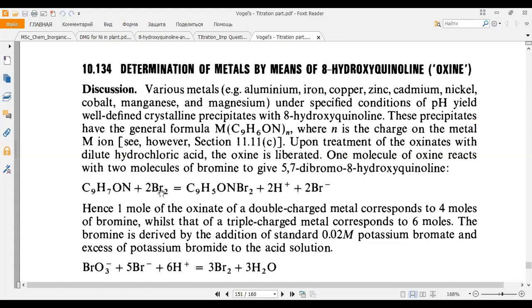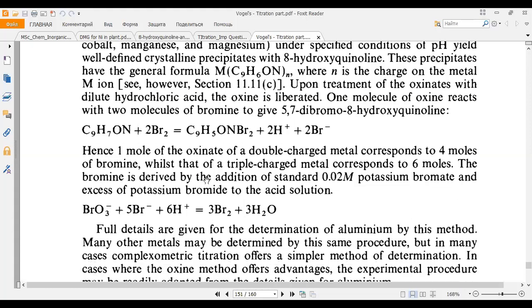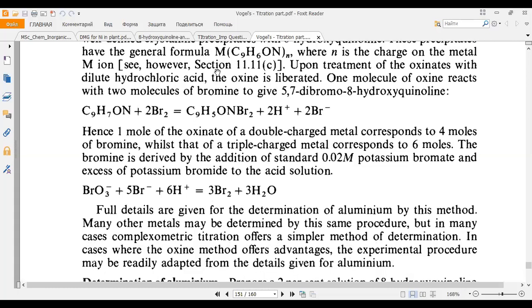So you are using bromine to form this compound, and it is also one of the uses of bromate that I have discussed in the past, that you use to liberate the bromine, which can now be used here to determine how much oxine is bound with the metal, and it will help you to determine the amount of metal.